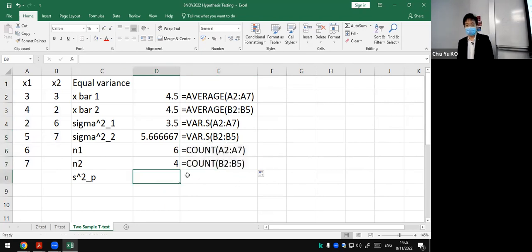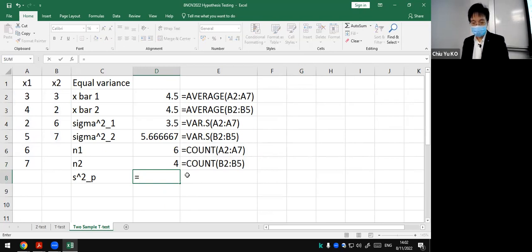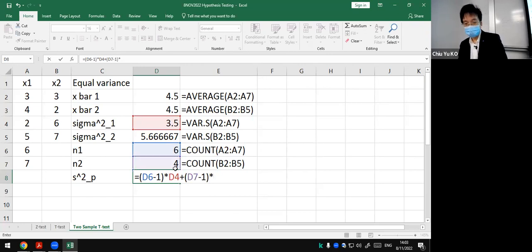Okay. And pooled variance is the weighted average of these two. Okay. So we just take what we learned: you take N1 minus 1 times sigma 1, right? Plus N2 minus 1 times sigma 2, okay?